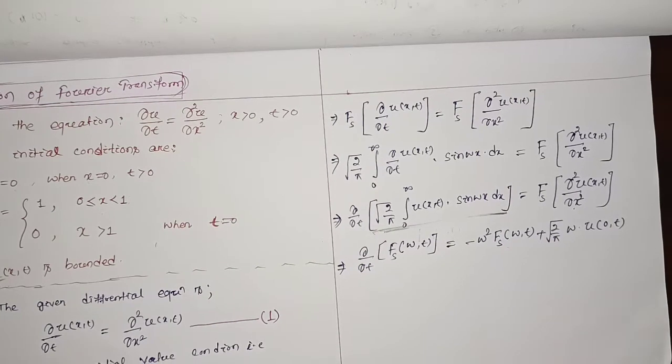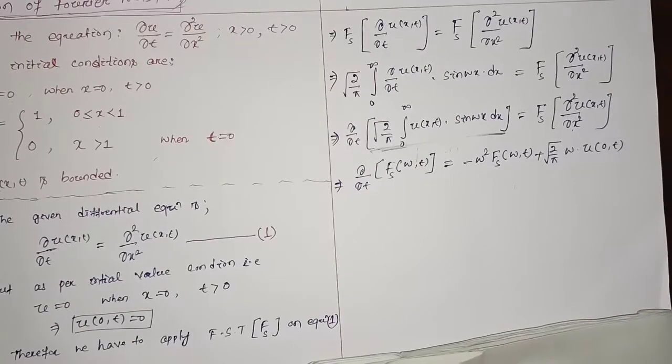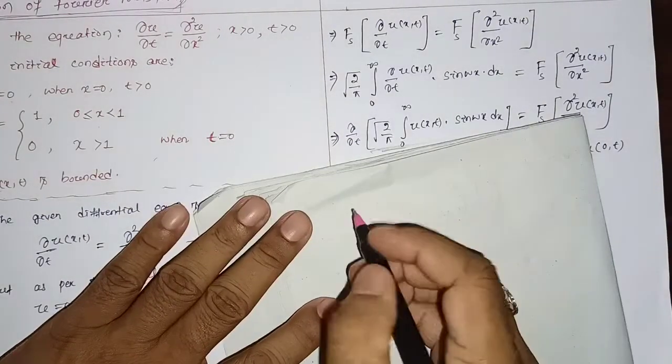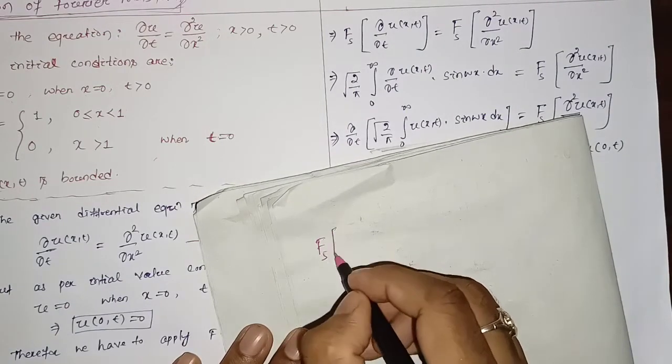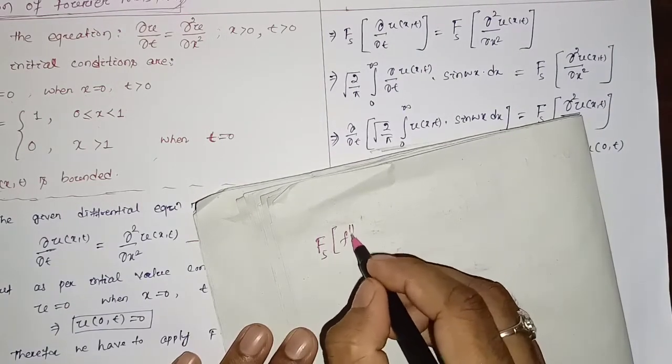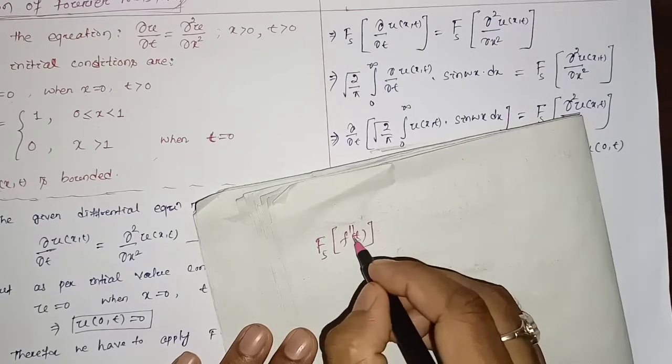Okay, because you just recall that we already studied the Fourier sine transform of the double derivative of a function f, which is a function of t.